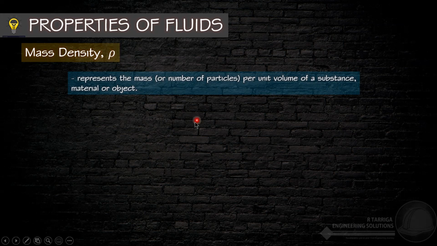Okay, so the formula for the mass density is the ratio of the mass over volume. So it is very clear naman from the definition itself, representing the mass per unit volume. So therefore, that would be the ratio of mass over volume.